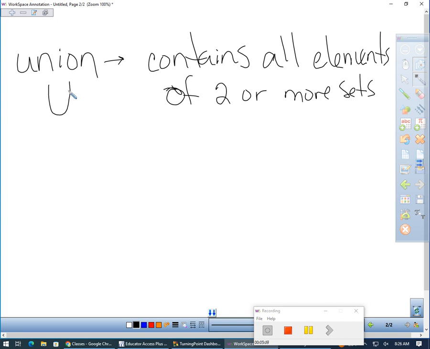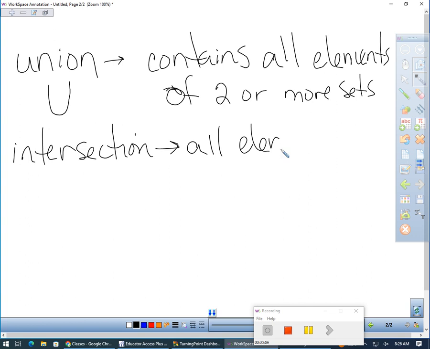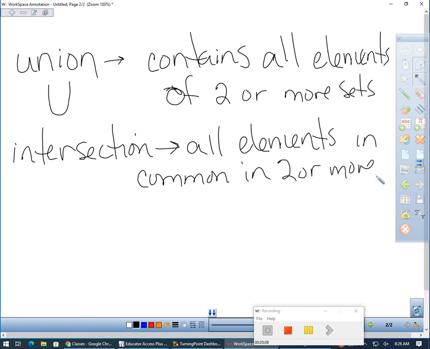All right, the next one is intersection. The intersection are all elements in common in two or more sets.